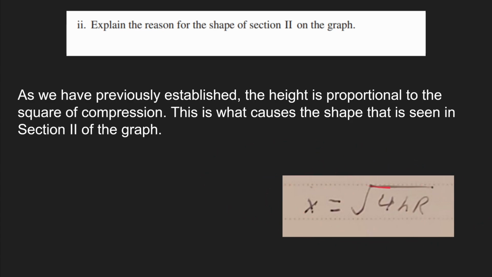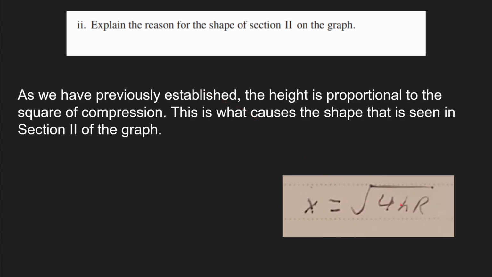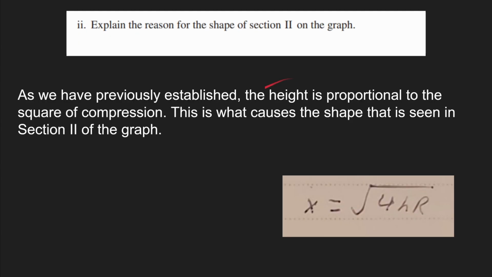That means that since radius is constant, and 4 is constant, the only variables that are changing are height and compression. So if you square it over, height is proportional to the square of compression. And this is the graph of that. This is what causes the shape that is seen in section 2 of the graph.